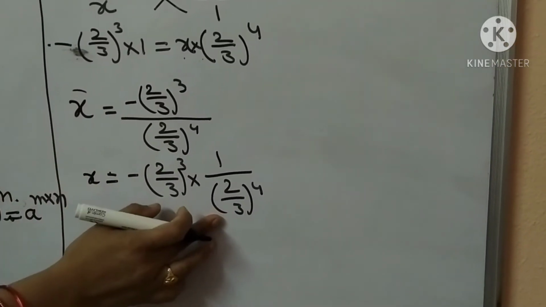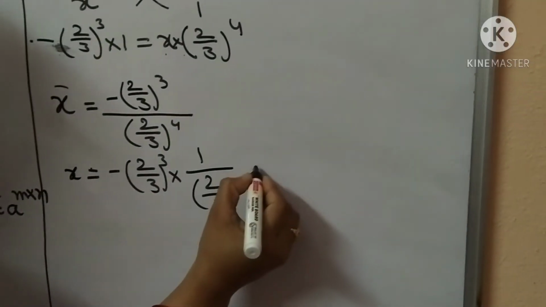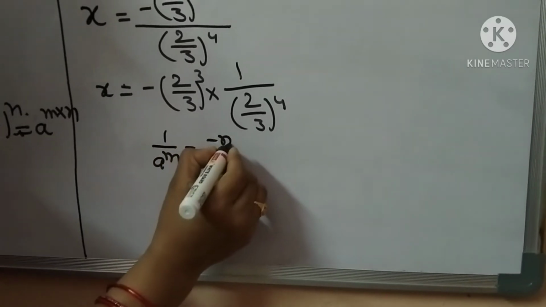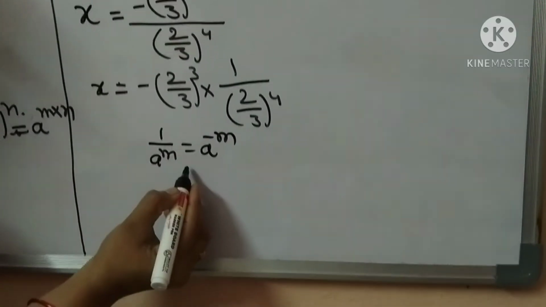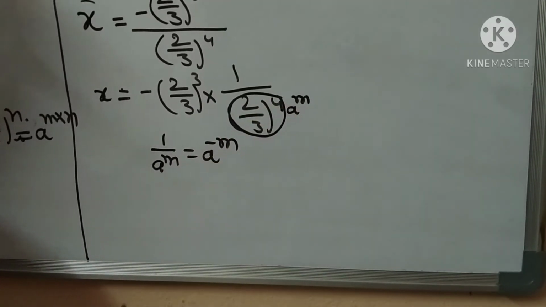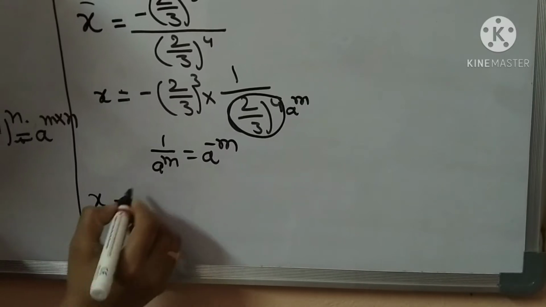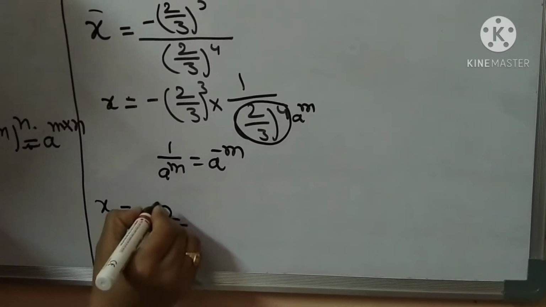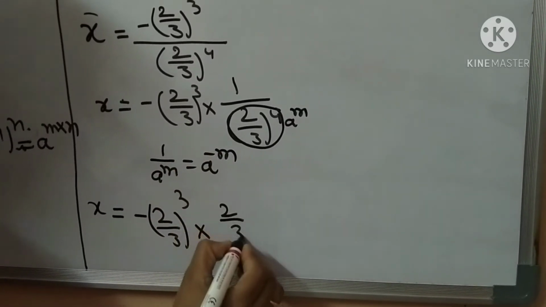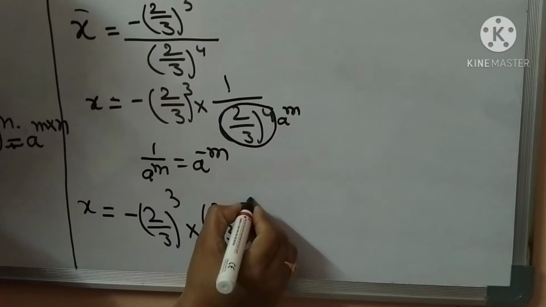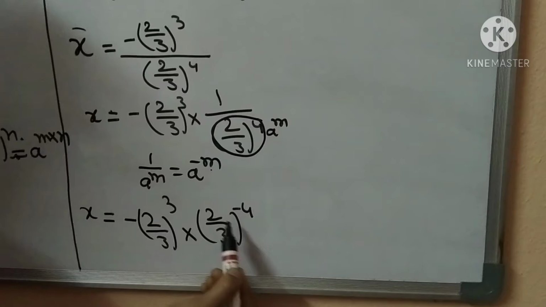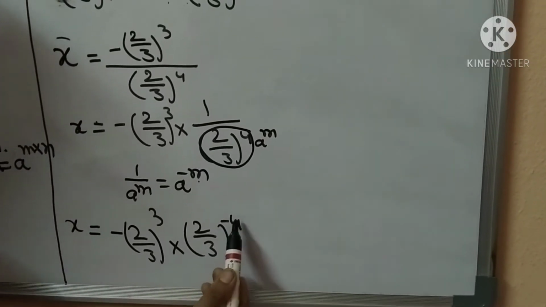At the same time, by using the formula 1 by a^m equals a^-m, we write x equals (-2/3)^3 into (2/3)^-4. Here the m value is 4, so minus 4.